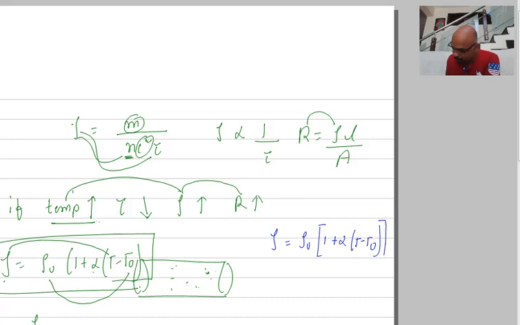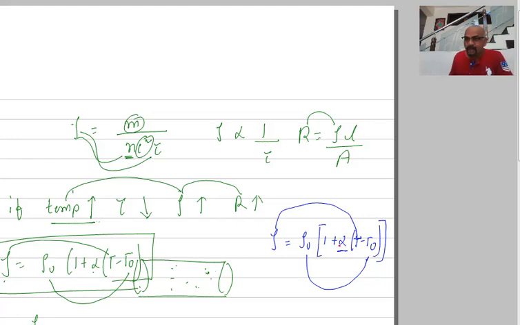So if you have understood this, I'll tell you what the terms are. Rho is the resistivity when the temperature is T, because resistivity depends on temperature. Rho naught is the resistivity when the temperature is T naught, the reference temperature. What is alpha? Alpha is the temperature coefficient of resistivity of the material of the conductor.